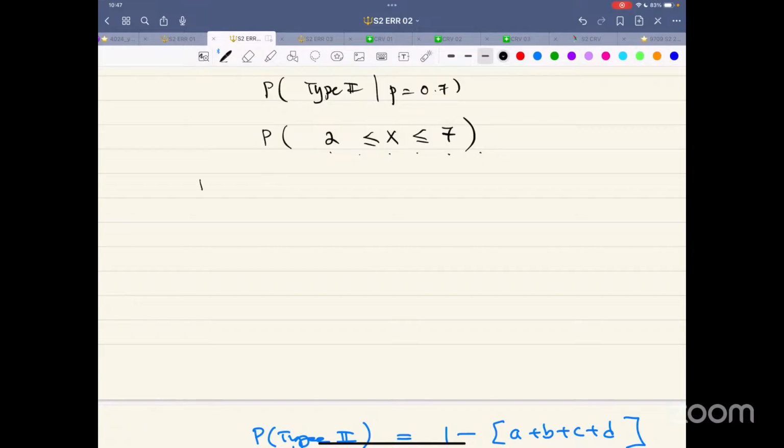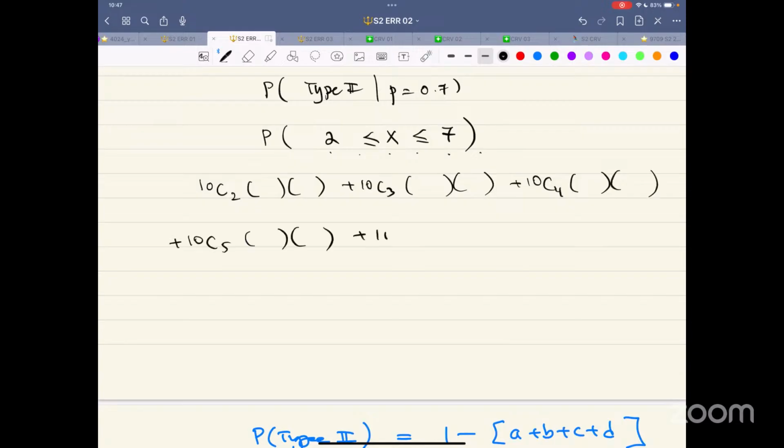So therefore, this is 10C2. Let me just write the brackets, 10C3, 10C4, and 10C5, and 10C6, and 10C7. And this is 0.7. So let me write over here 0.7 all along. And let me also deal with the powers.